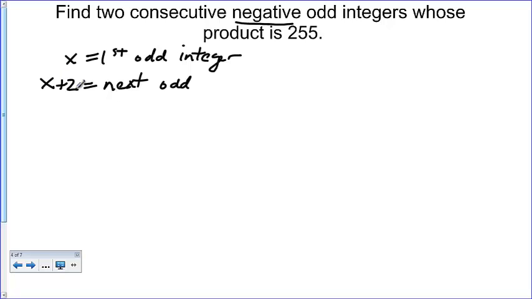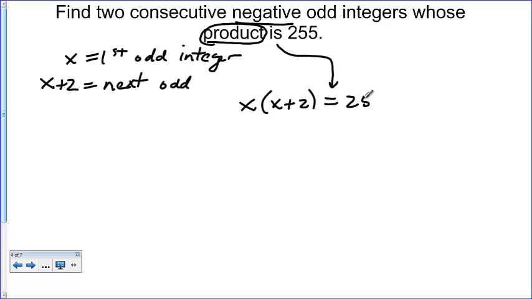The problem says whose product, which means we're going to multiply the two odd integers. And the word "is" translates to the equal sign, 255. So let's solve this equation now.